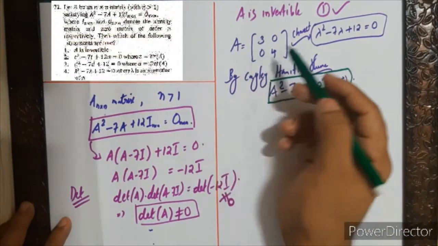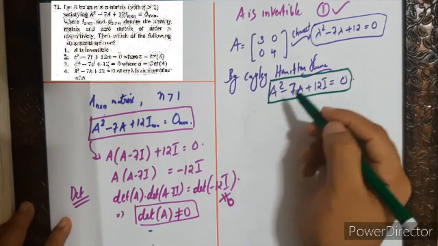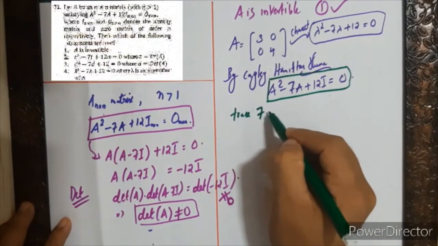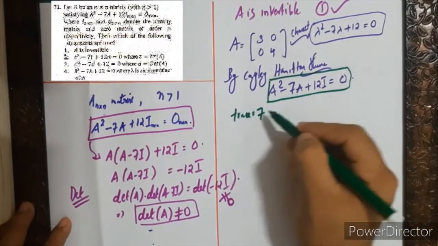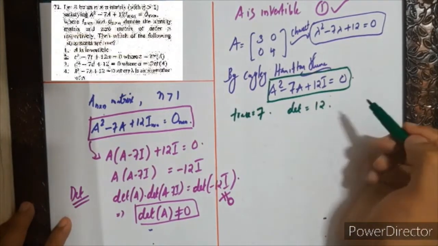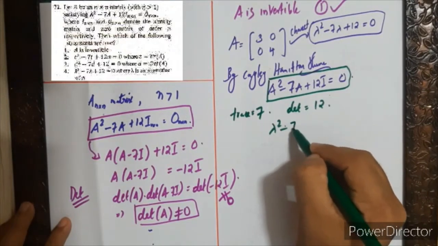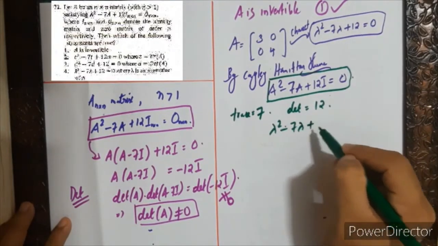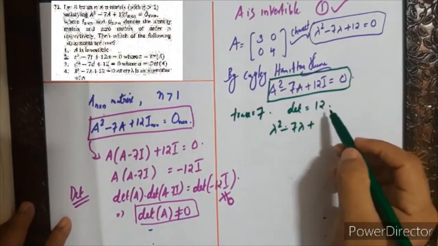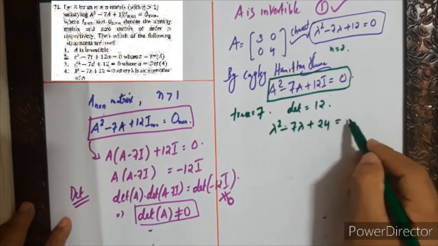Now what about the polynomial? What is trace of A? Trace is equal to 7 and the determinant is equal to 12. Now what is its corresponding polynomial? Lambda square minus 7 lambda plus 12n. Now for the second option it is 12n, n is equal to 2 here, so 24.